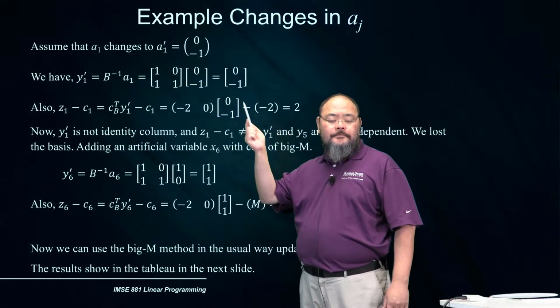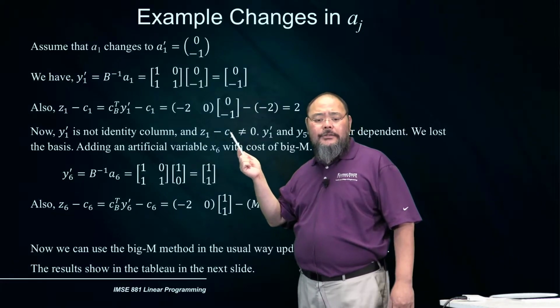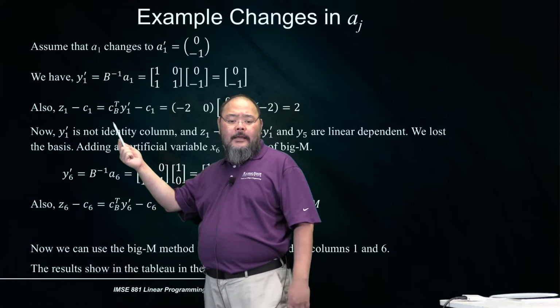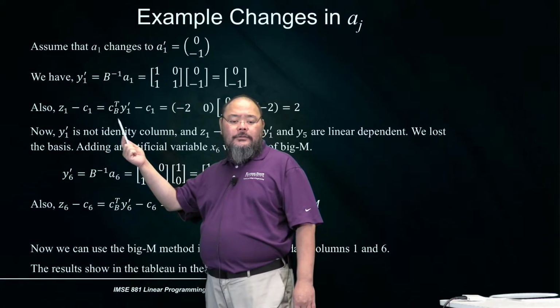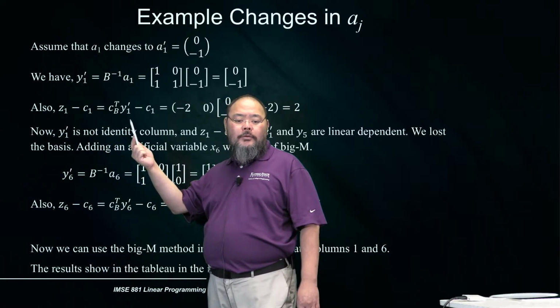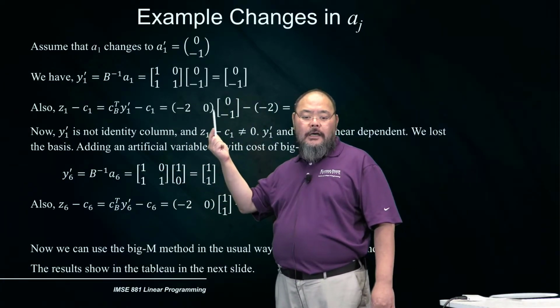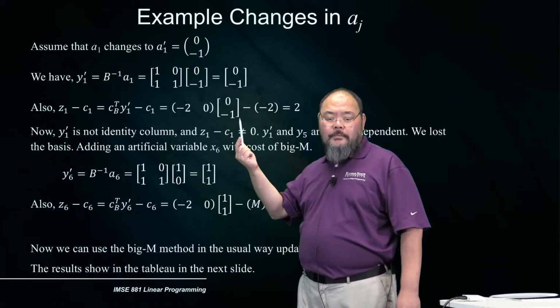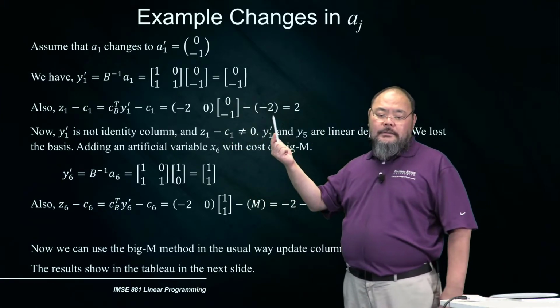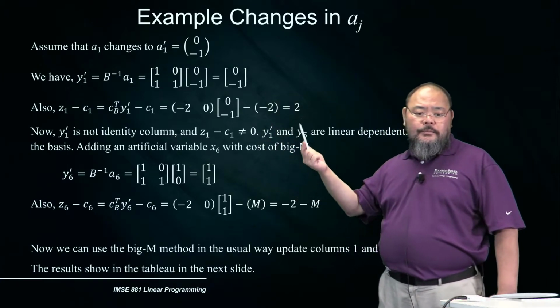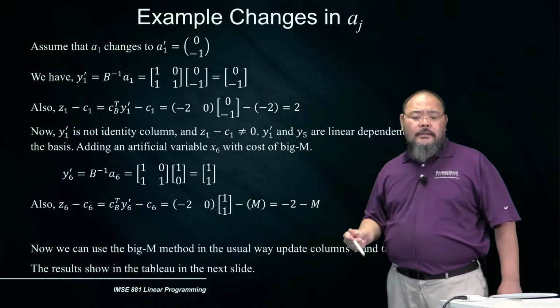Then we need to recalculate z1 minus c1, because z1 equals cB transpose times y1 prime minus c1, equals -2, 0 times the new y1 prime minus the cost coefficient for x1, equals 2.